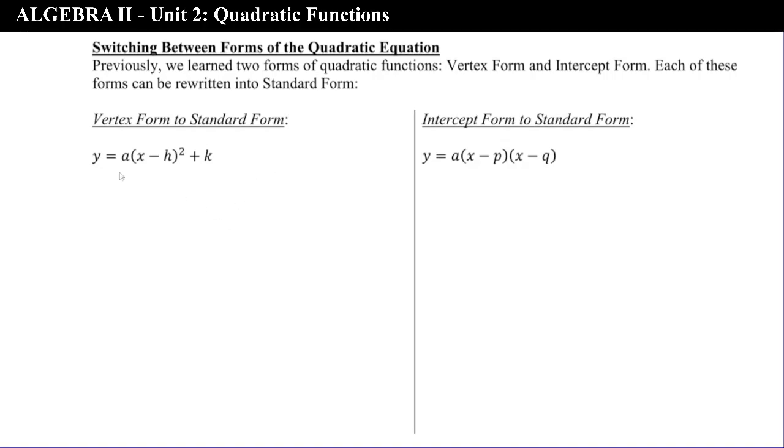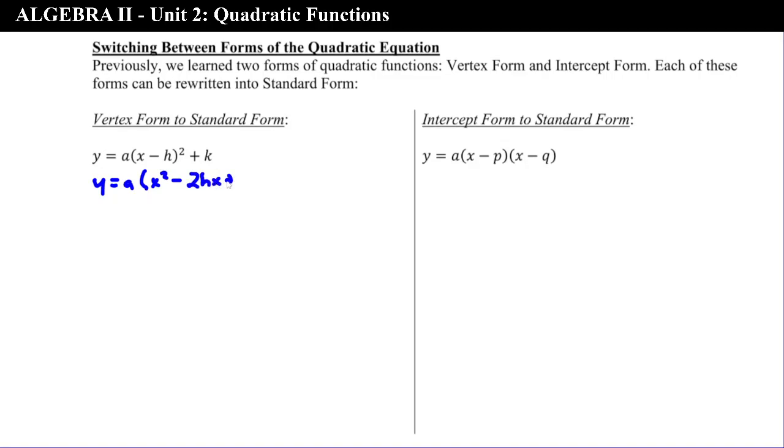So here we have vertex form, and it's presented to you as y equals a times the quantity x minus h squared plus k. So I'm going to do a few things. First, let's multiply out this x minus h squared. Okay, and if you know anything about binomial expansion, you know that you can square the first, then multiply the two terms, which gives you negative hx, and then double it, so negative 2hx.